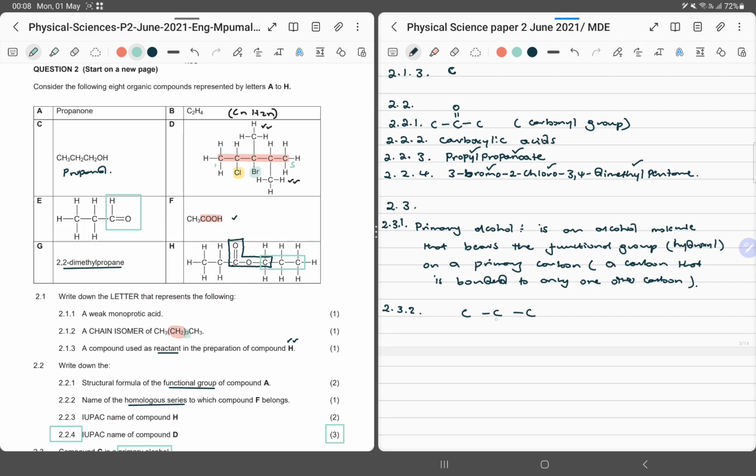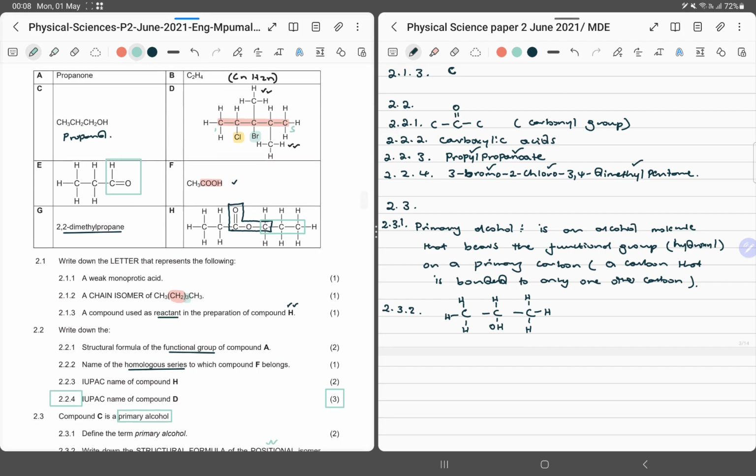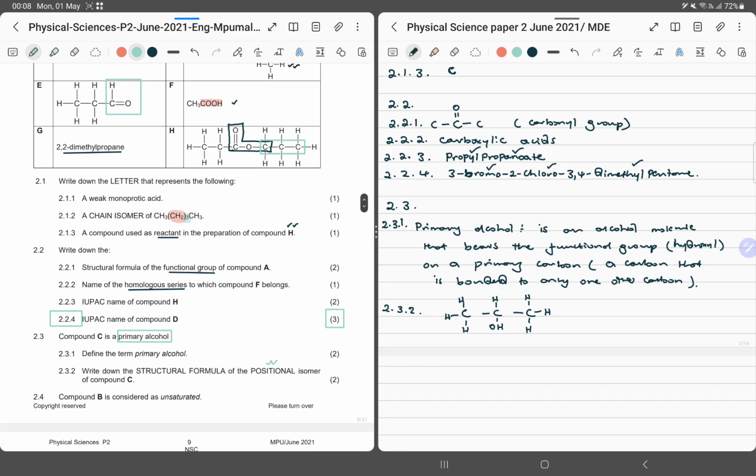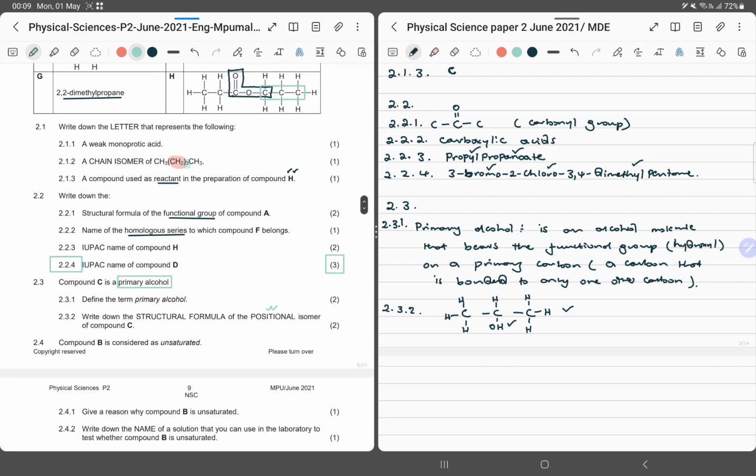So now it can only be on the second carbon. In fact, that is the only other position it can be, because if you put it on that other carbon, it is essentially the first carbon. You can just decide to put it down below or up top. So you're getting a mark for the parent chain and the position of the functional group.